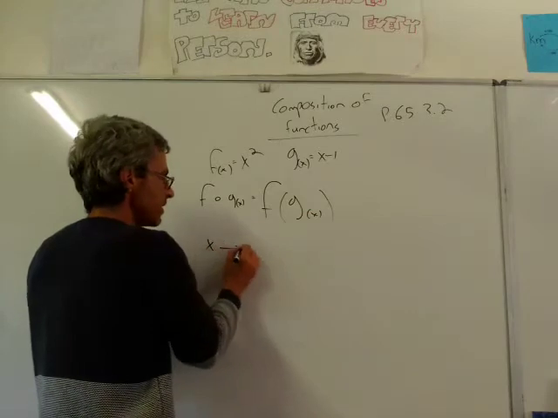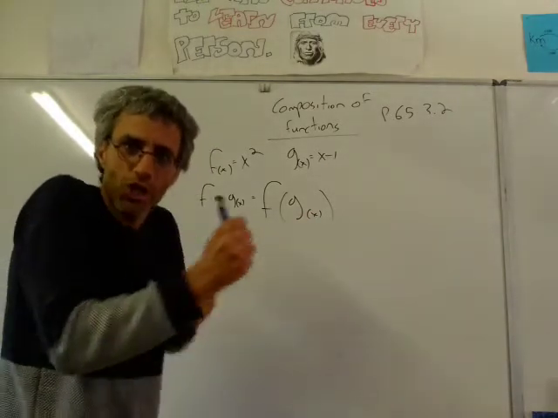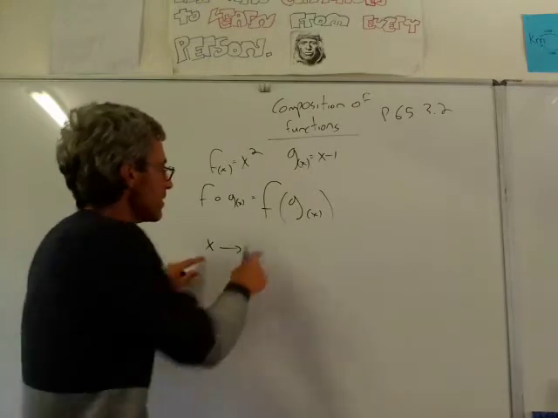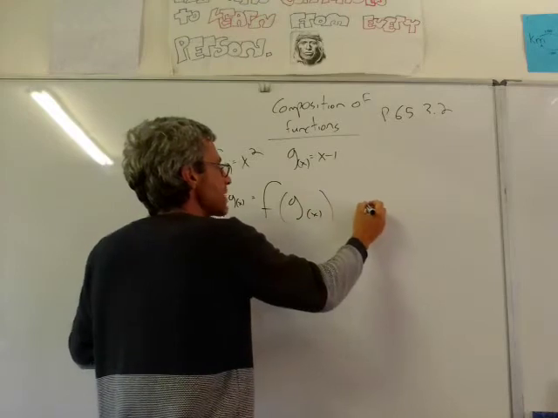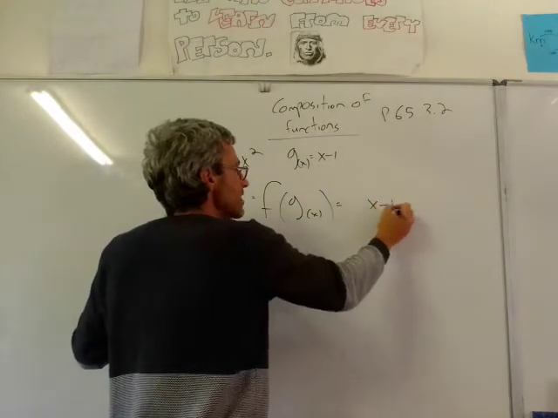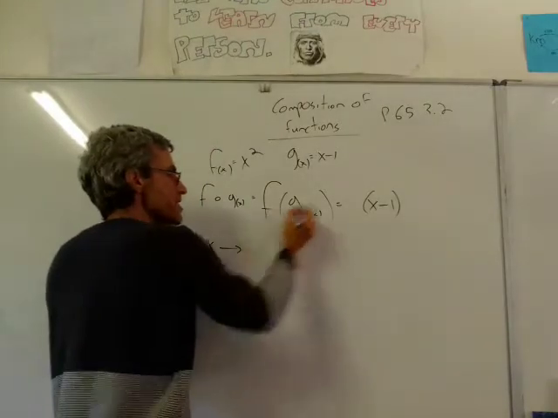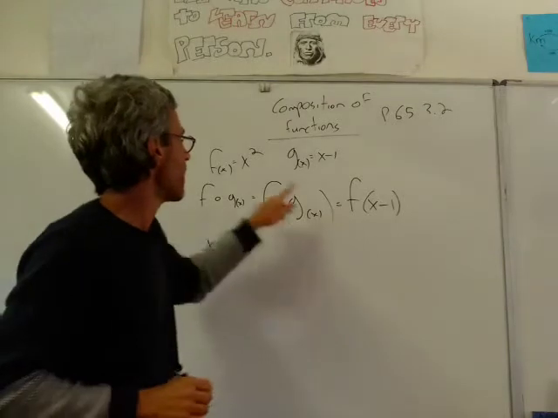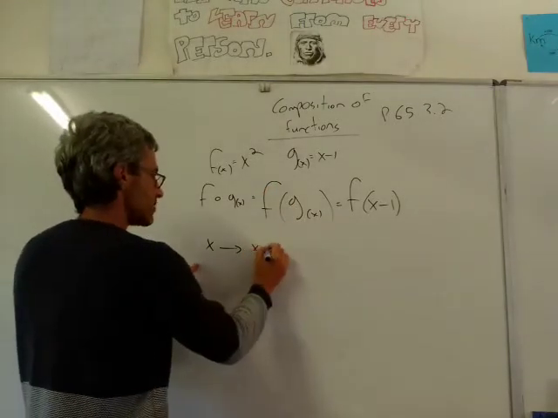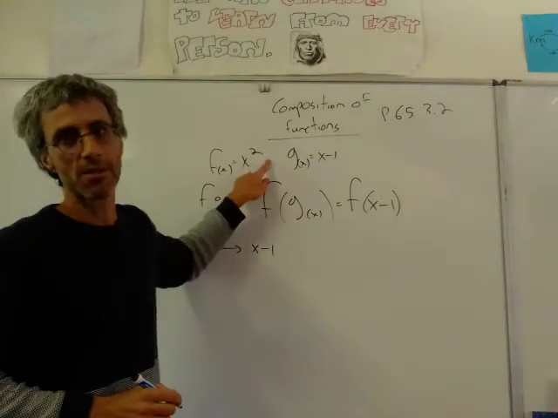Now I'm operating g on it. I'm using that map, that machine. What does g take? It takes an x and maps it into x minus 1. So instead of g of x, I'm just going to write x minus 1. But I still have to operate f on it. What does f do? F takes an x and just squares it.